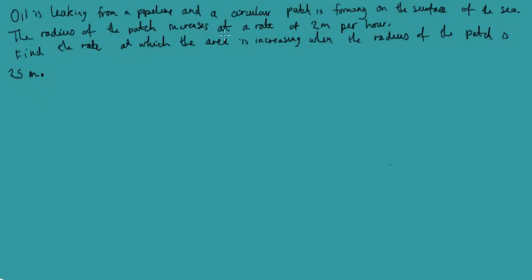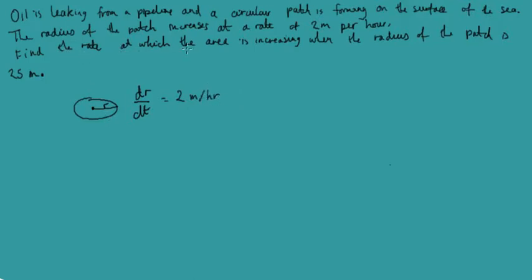So the oil is leaking from the pipeline, and a circular patch forms on the surface of the sea. You've got the circle on the top of the sea, and it's got some radius r, and the radius of the patch, dr by dt, is 2, obviously meters per hour.